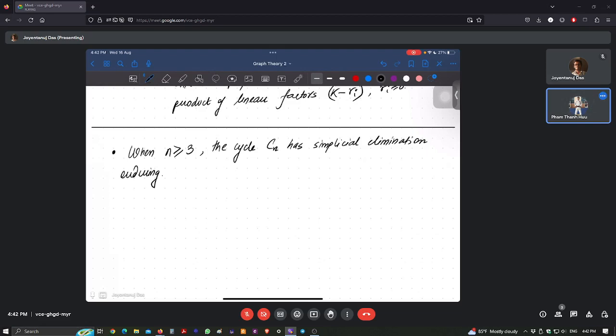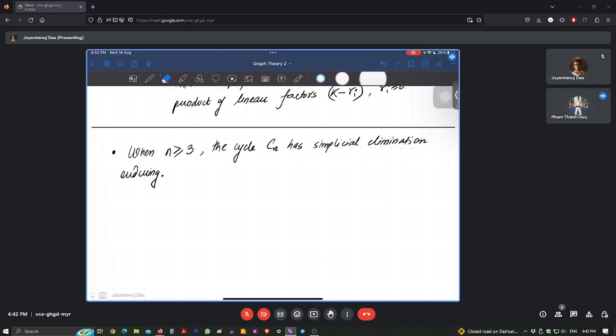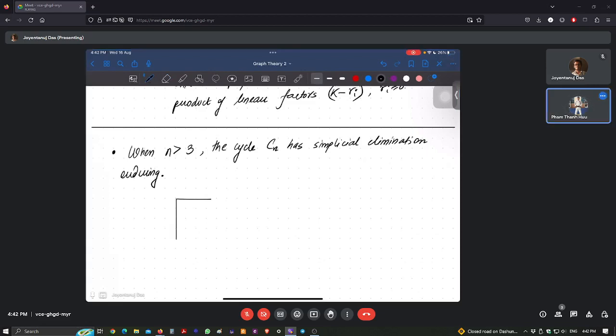I think it is strictly greater than 3. So here, if you take a C4, then you cannot choose the first vertex itself, right?